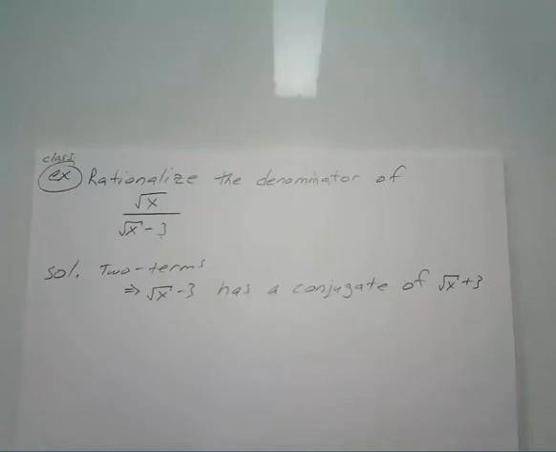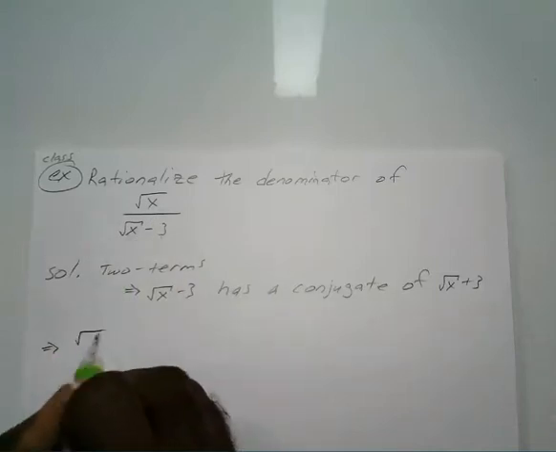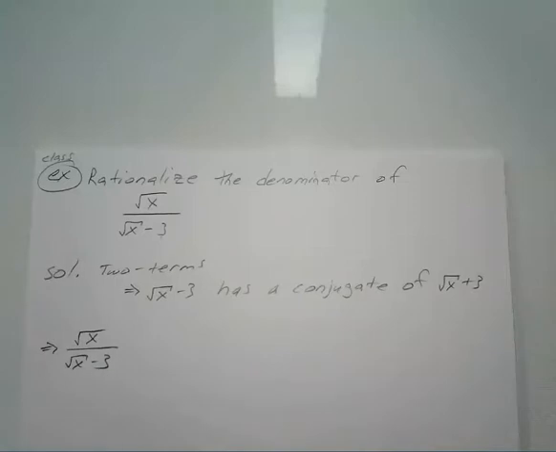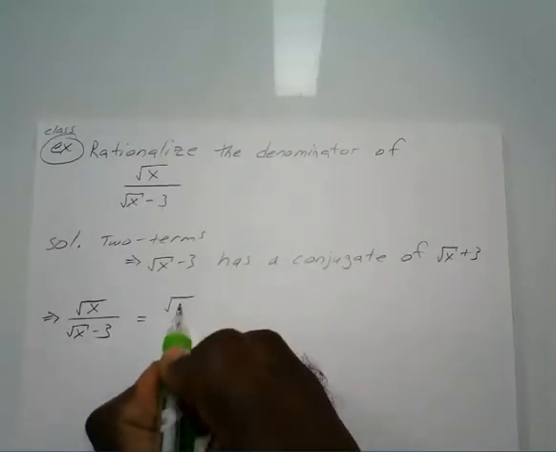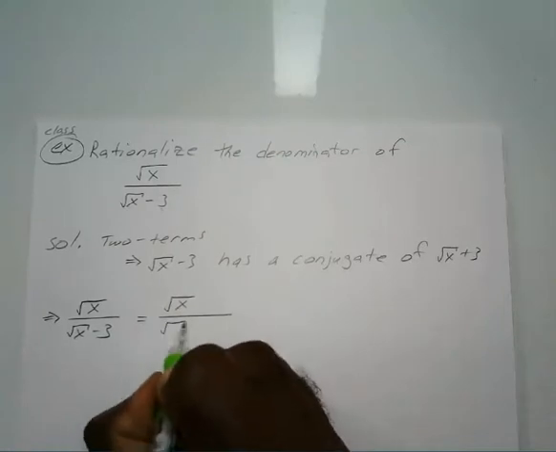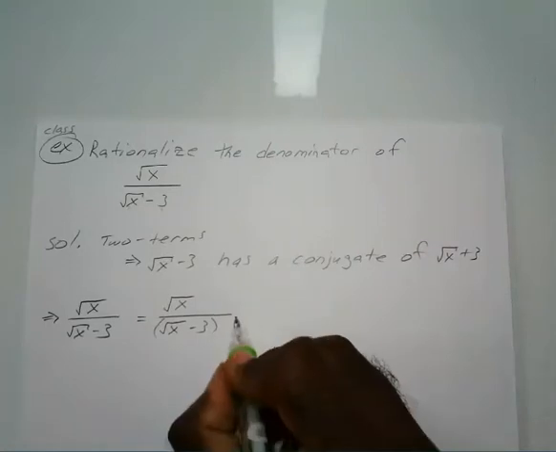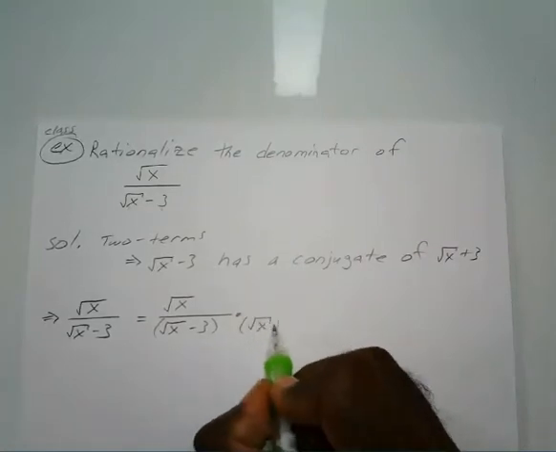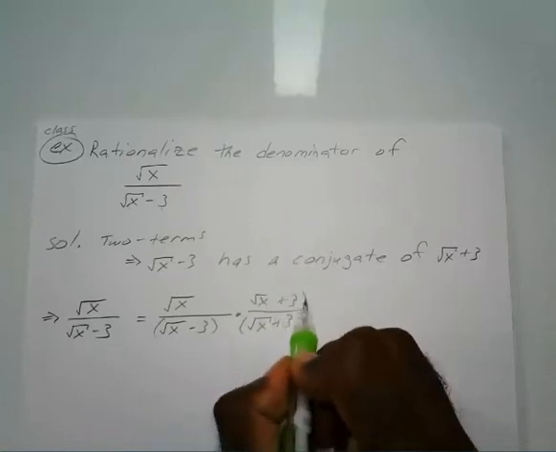Because remember, you're just changing the sign. Okay, so that means the problem we start with, square root of x over square root of x minus 3, is going to equal square root of x over square root of x minus 3. Go ahead and put that in parentheses. Times square root of x plus 3 over square root of x plus 3.